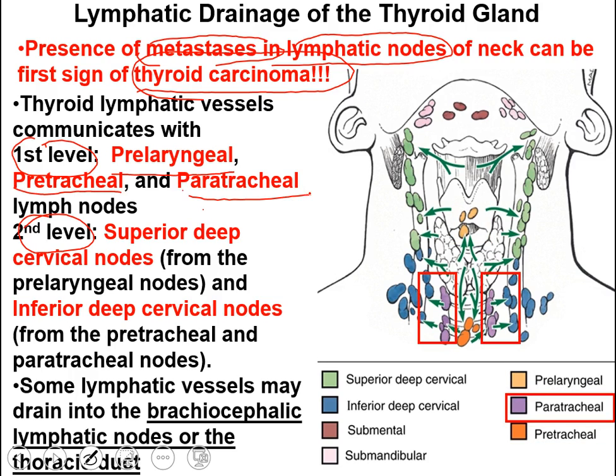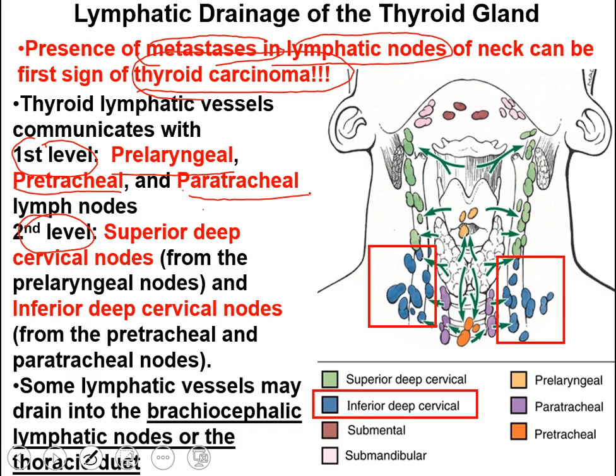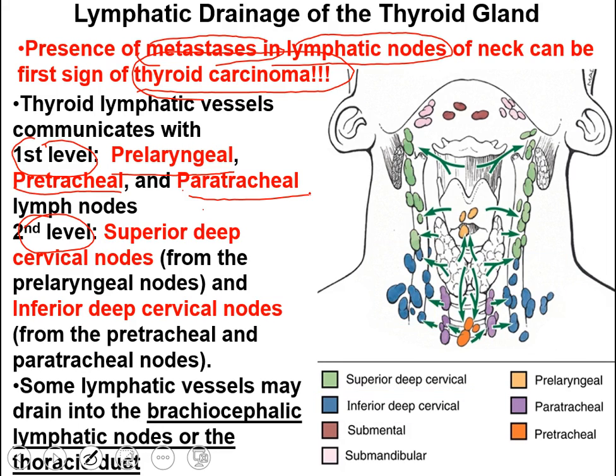Second level is formed by superior deep cervical nodes, which drain lymph from prelaryngeal nodes, and inferior deep cervical nodes, draining the pretracheal and paratracheal nodes.